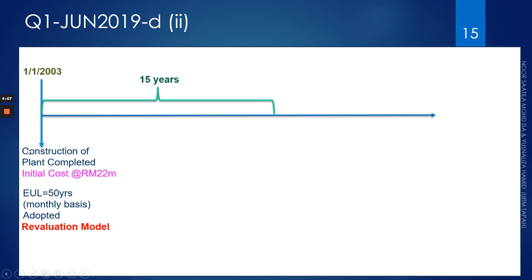Take note that the revaluation took place after 15 years of the plant being completed, at the beginning of the year. This is important because it was done not at the end of the year, but the beginning of the year. So by 15 years, the remaining useful life will just be 35 years.